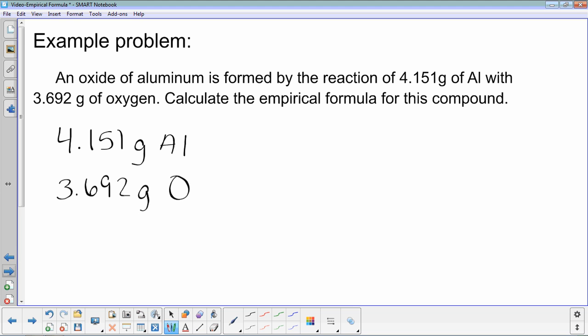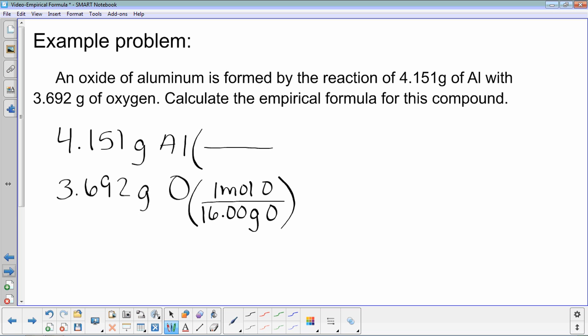We've already gotten through step 1, we have the grams of everything. So now we're going to calculate the number of moles. Oxygen's easy, we know that's 16 grams in 1 mole. And aluminum is 26.98. Again, we're going to pull out the calculator and calculate what our mole amounts are.